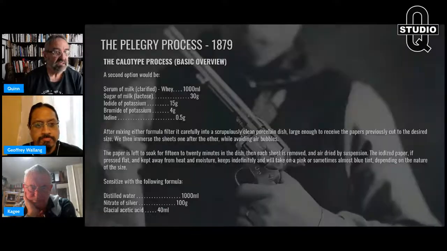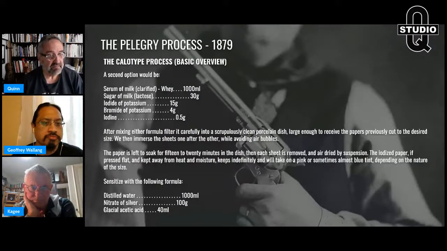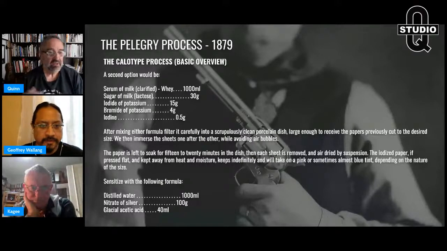The second option would be a serum of milk, clarified, or whey. Again, sugar of milk, the lactose, potassium iodide, potassium bromide, and iodine. So those are the first two basic, you call it a bromoiodized sizing.